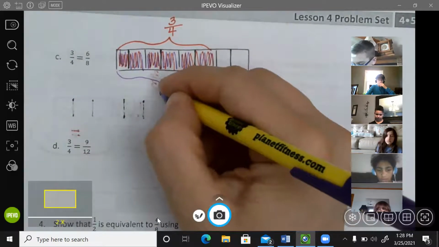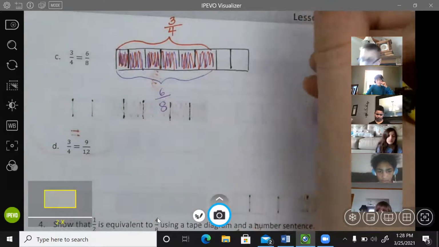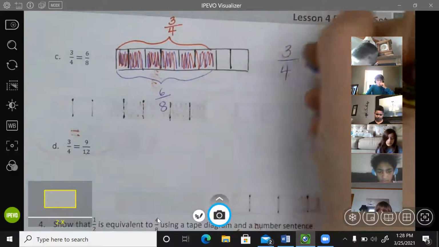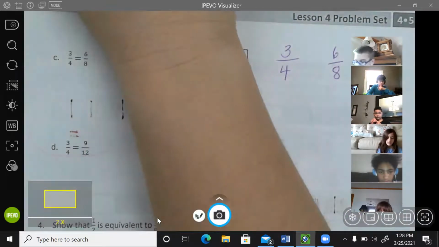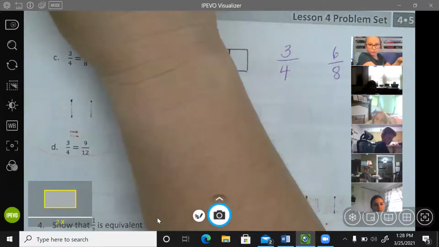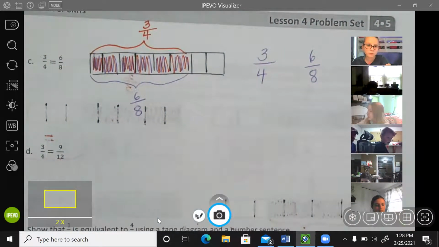Finn, what do you notice about the shading of 3/4 and 6/8? 6/8 is as big as 3/4. Equivalent. All right, let's go ahead and prove this. Izzy, how can I prove that 3/4 is equal to 6/8?